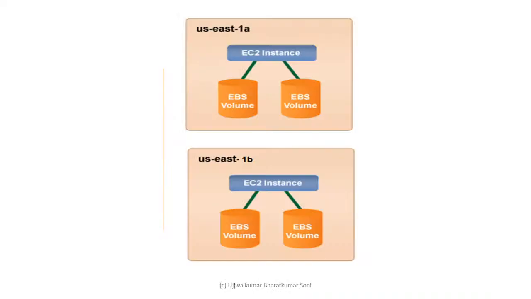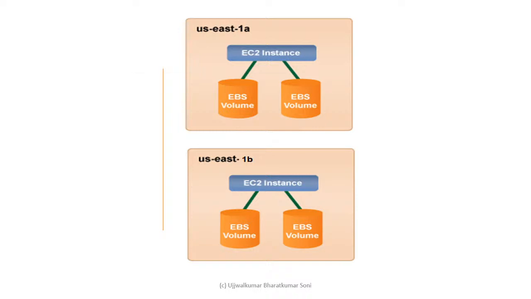So this is a simple architecture we are going to replicate. We are going to mimic it on our console, in our AWS infrastructure, and basically we are going to create two EC2 instances, which are going to have one root volume and one data volume for each EC2 instance.